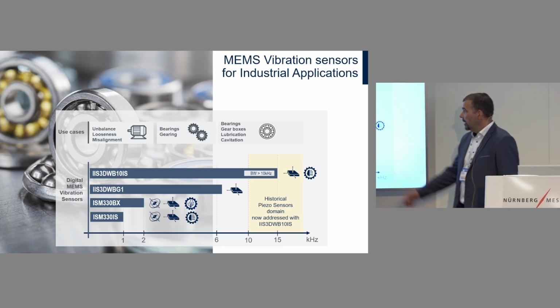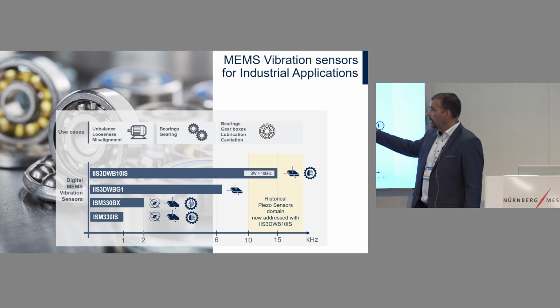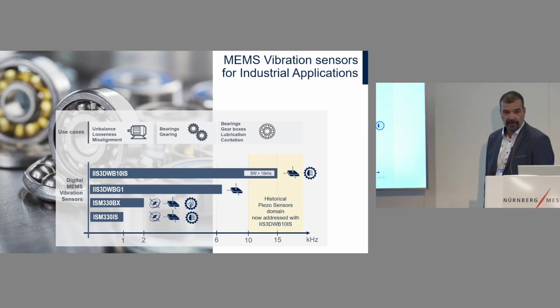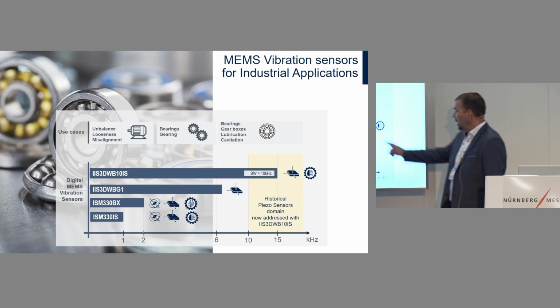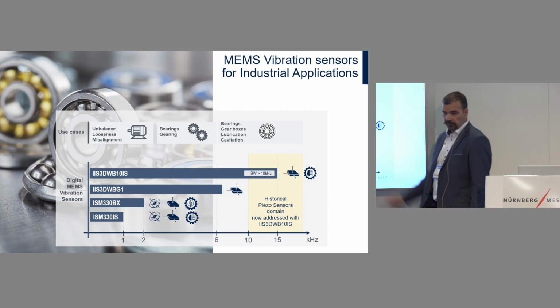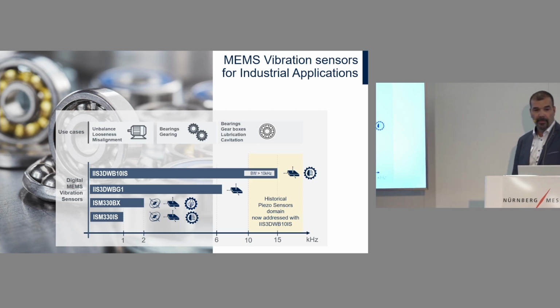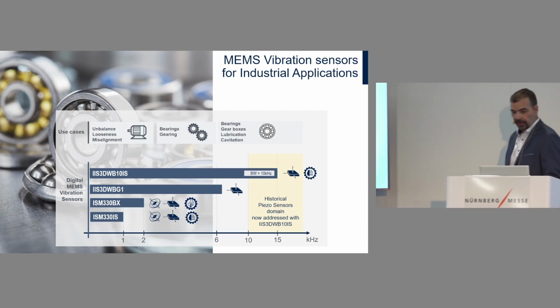And the new device we are introducing to the market is going above 10 kilohertz of bandwidth. I will detail this a little bit more. This is exactly the area where we are capable of really competing, for example, in bearings monitoring versus the piezo sensors.